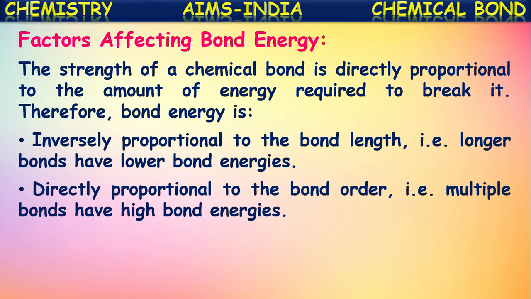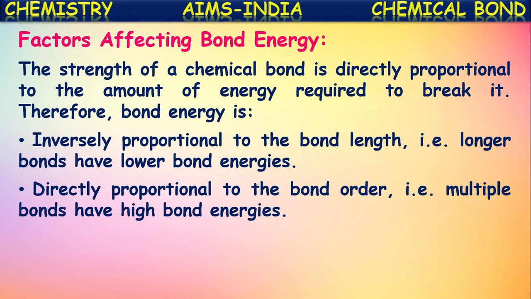Next, it is directly proportional to bond order. Bond order, as we said, depends upon the number of bond pairs between the two atoms, or the number of pairs of electrons shared between the two atoms. If two atoms have multiple bonds between them, then bond energy will be greater.